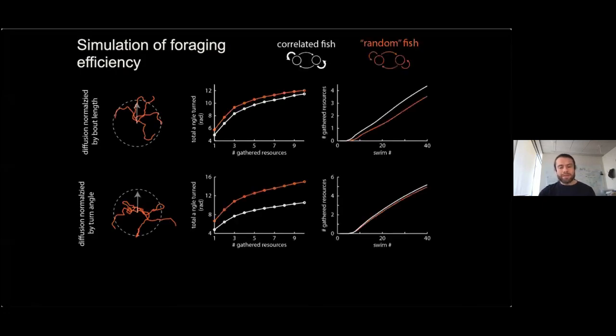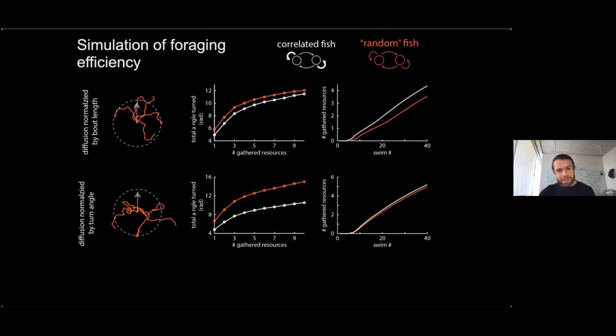And I just fly through this, but we also tested these different model fish for foraging efficiency, and we found that depending on how you constrain the random fish, you get more efficient foraging in a fish that has these correlations between subsequent turns, or is more efficient in terms of energy expenditure, because turning across a large angle costs energy.